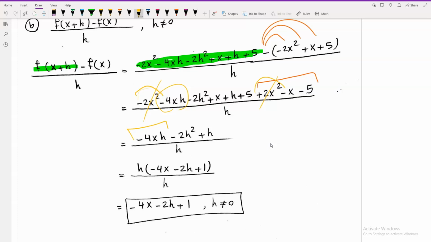We have -2h squared. We don't have like terms for that one. Then we have positive x, negative x, so that part is 0. We have positive h, we have positive 5, negative 5, so that part is 0.